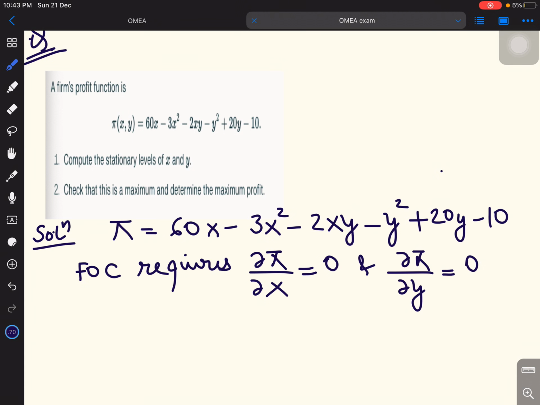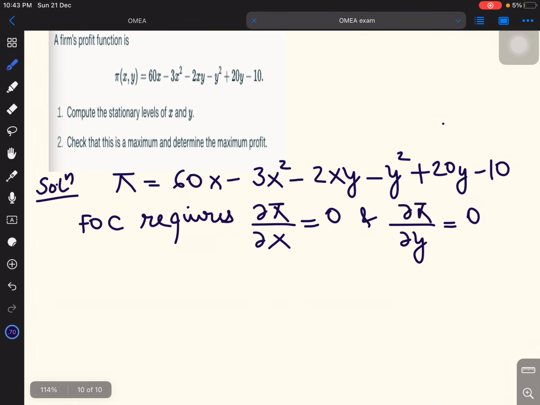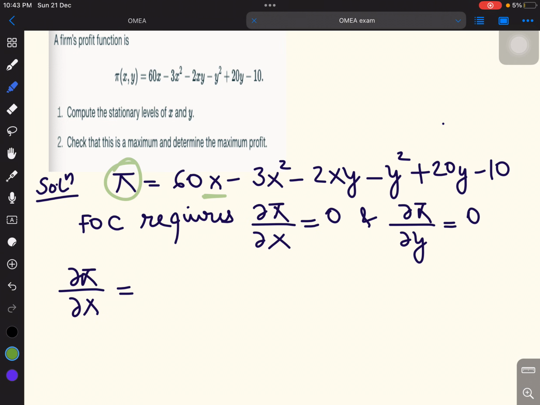Now let's find first delta pi by delta x, that is, differentiating this profit function with respect to only one variable x. We can also denote it by pi x like this.